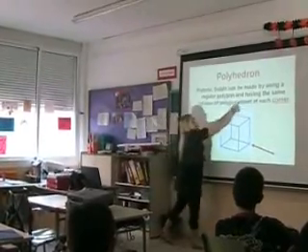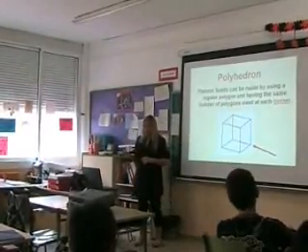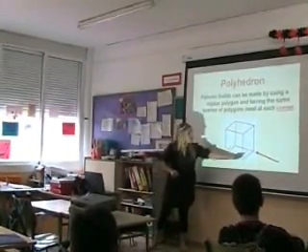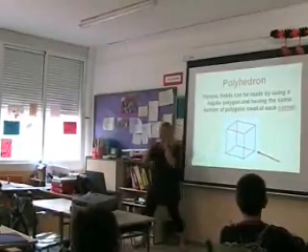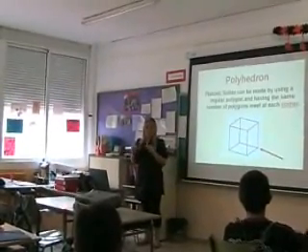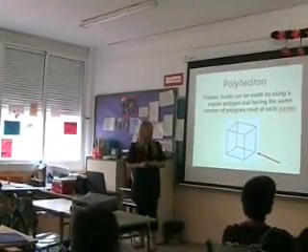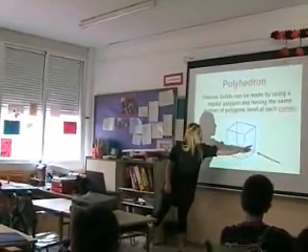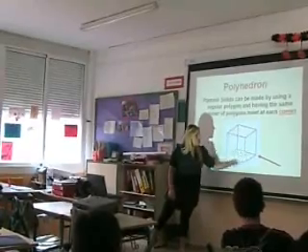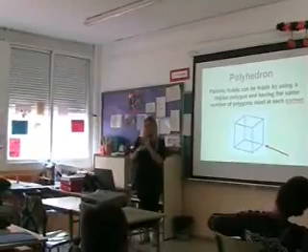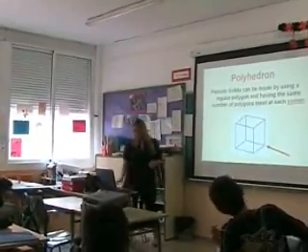And, like he said, having the same number of polygons meet at each corner. So each corner, this corner, all corners have the same number of polygons at each corner. So here, 1 square, 1 square, 1 square. So there's three polygons, 3 squares at each corner.